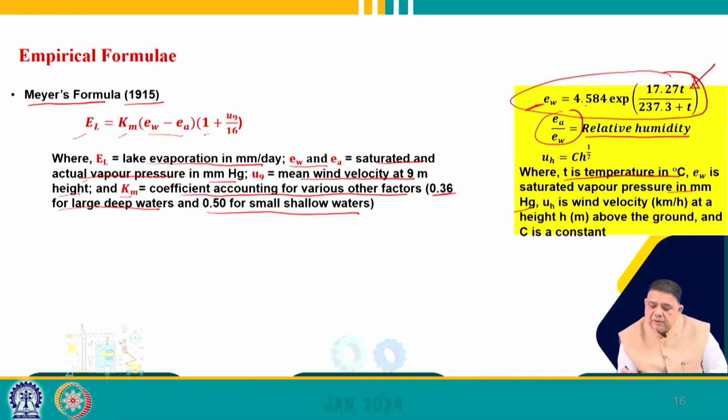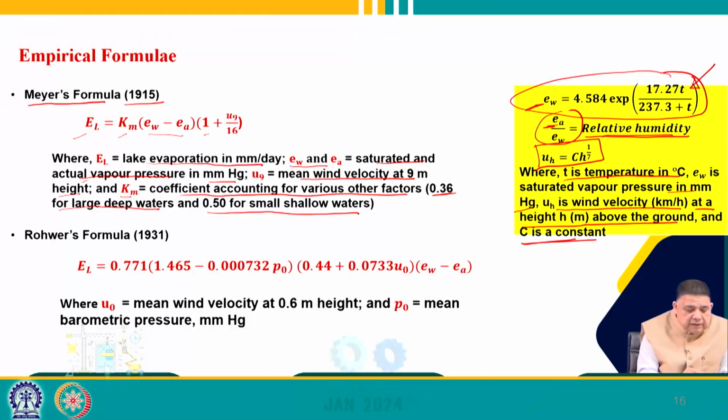So, once we know EW, and if you have a measured value of relative humidity, we can find out the actual vapor pressure also. Similarly, wind velocity at any height h can be found out using this relationship. Uh is equal to C h to the power 1 by 7, where Uh is wind velocity in kilometer per hour at a height h meter above the ground, and C is a constant. So, using this relationship, once you know the C, we can find out wind velocity at any given height.